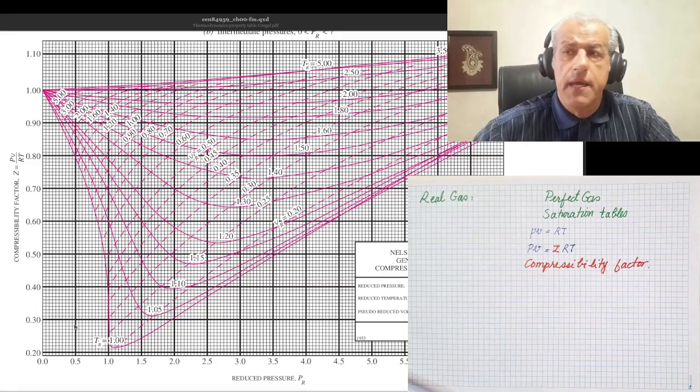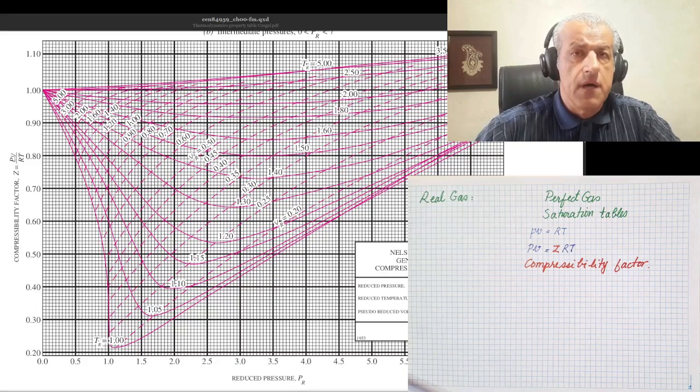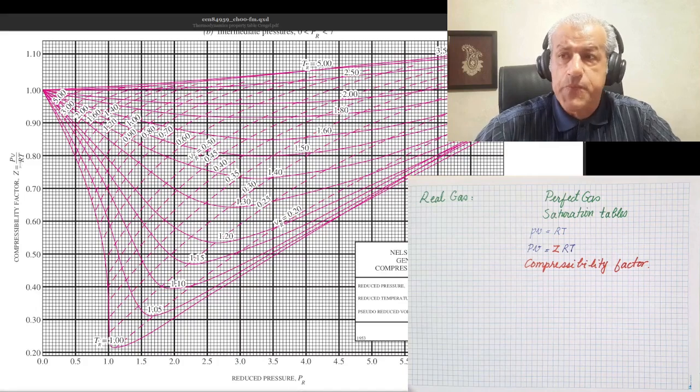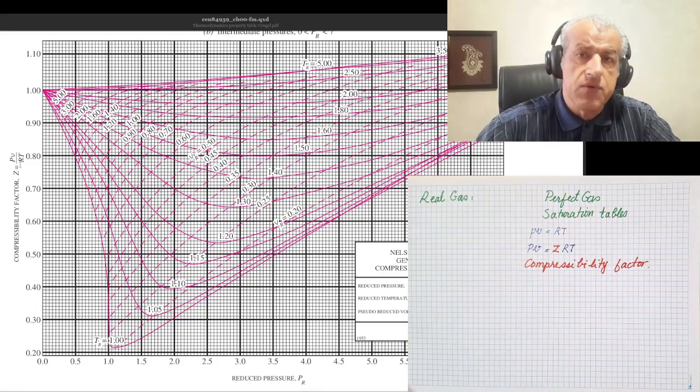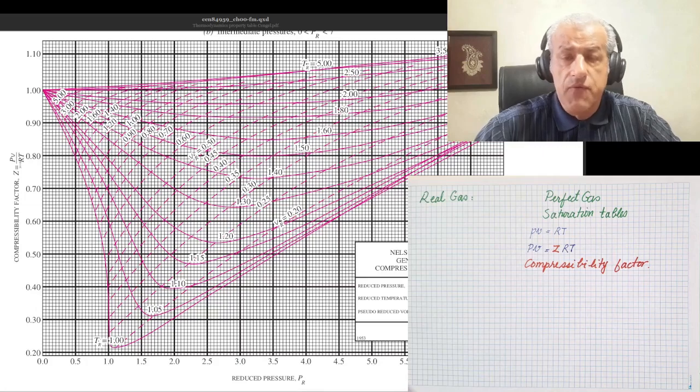So in a simple case, Z equals PV over RT, and there are two parameters which we should learn before we can calculate Z or read Z from this chart.